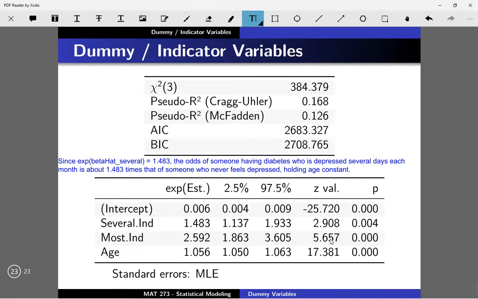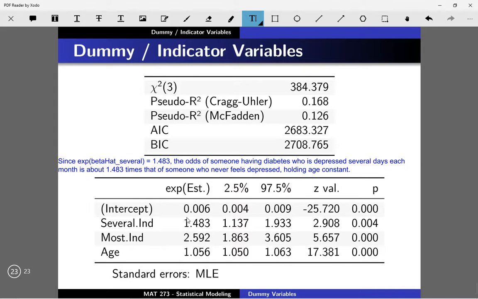Okay, so there's somewhat of an association between depression status and people having diabetes in this data set. And notice that this interpretation was relative to someone who never feels depressed. That's because this none category for the depression status variable is our reference or baseline category here. So it doesn't have a coefficient estimate in this model output, because it's the baseline category.